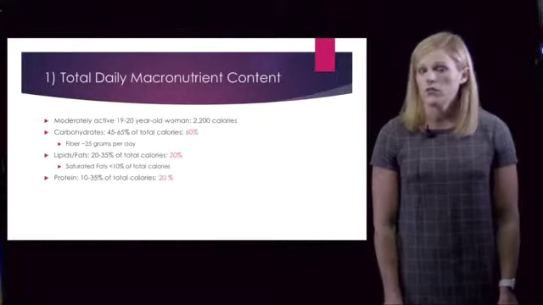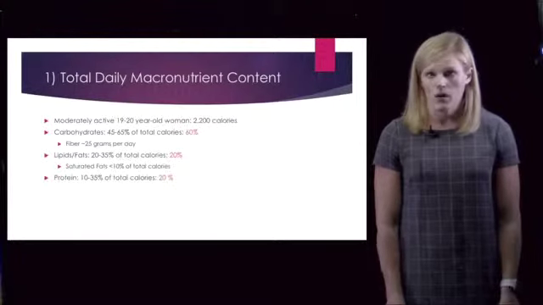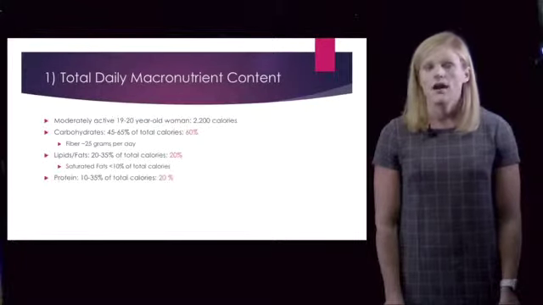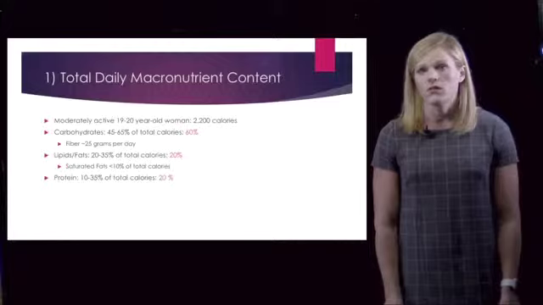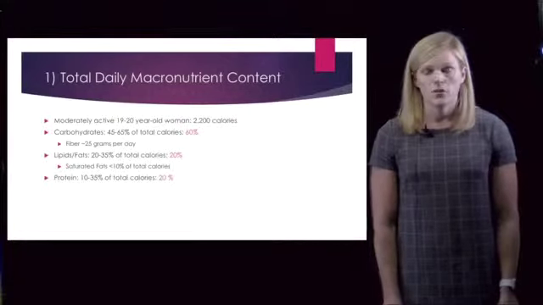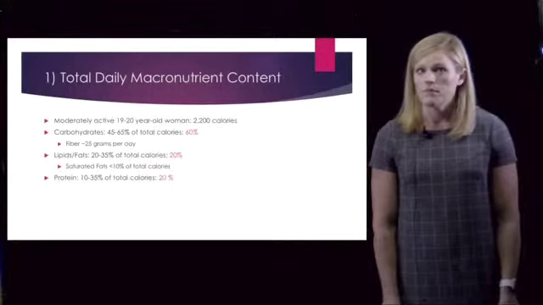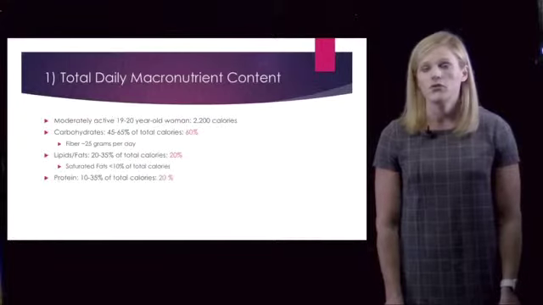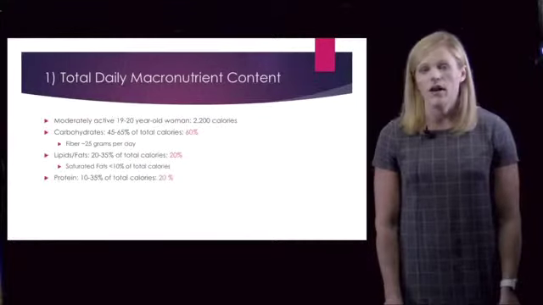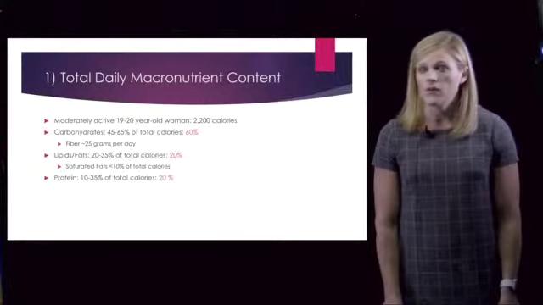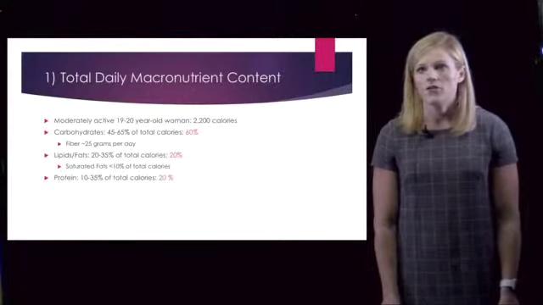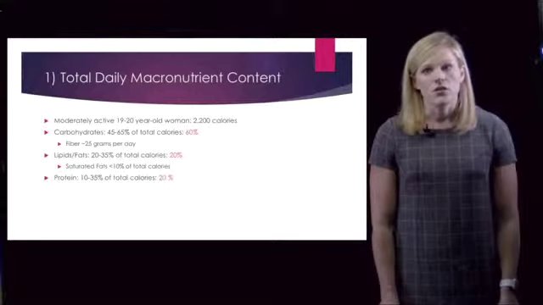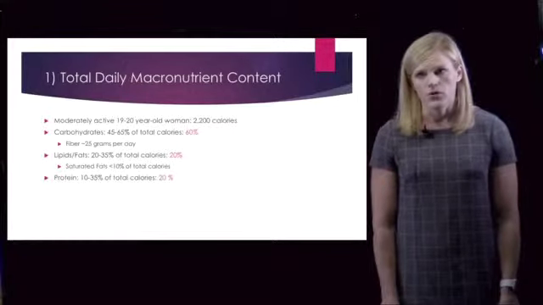So if you are someone who is wanting to minimize the amount of carbohydrates in your diet and maximize the amount of protein you're consuming, that is okay. You can choose numbers lower than the ones that I have selected. However, the numbers that you choose must fall within that AMDR range. So you should not choose any lower than 45% of your calories from carbohydrate, nor any higher than 35% of your calories from protein.